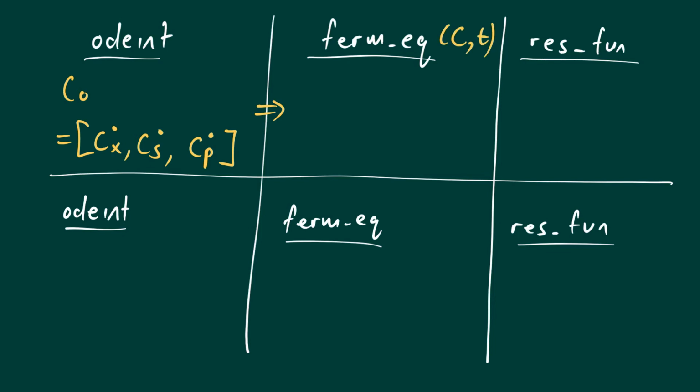ODEint called upon the fermentation equation, and in the fermentation equation we basically had the reduced form of the mole balance, which was that concentration differential term that we fed to ODEint. And also in the fermentation equation we called upon the response function, so we got the R values from calling upon the response function.